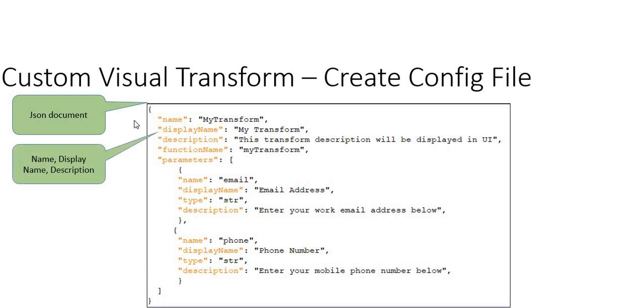Then you provide certain things about this custom transform: in the actions drop down, what should be the display name of this transform, what should be the description, what should be the name of this transform. Then you provide the function name.